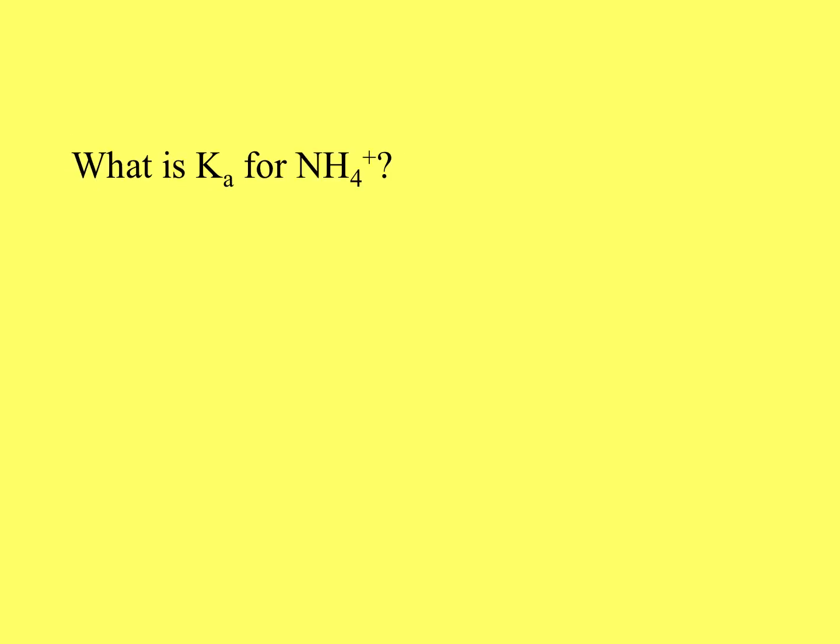Okay, so this question asks you for the Ka for NH4 positive. The way you can go about doing this is to look up the Kb for its conjugate base. Noting that this is the acid, the conjugate base equals NH3. So we're going to look up the Kb for NH3, and that is 1.8 times 10 to the negative 5.